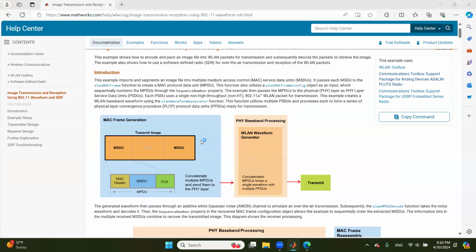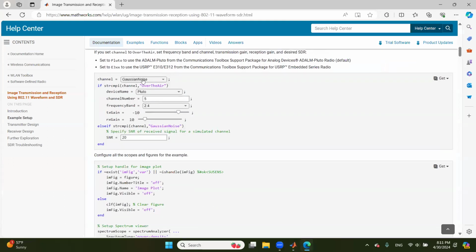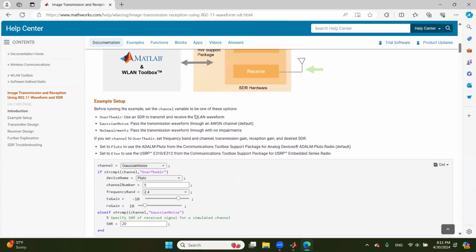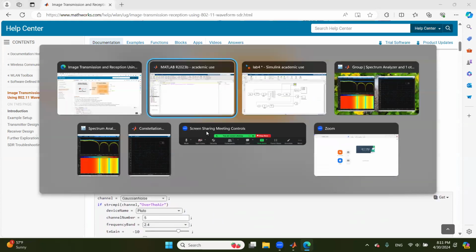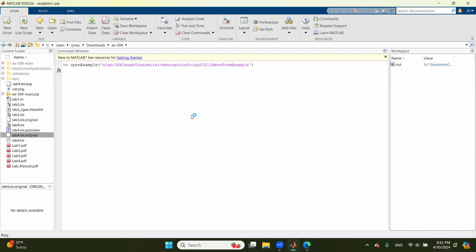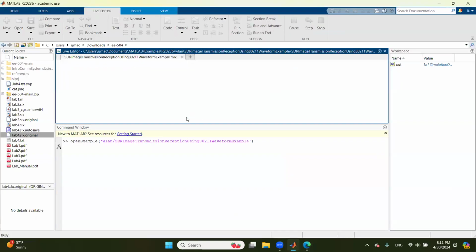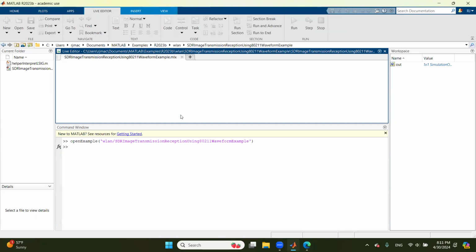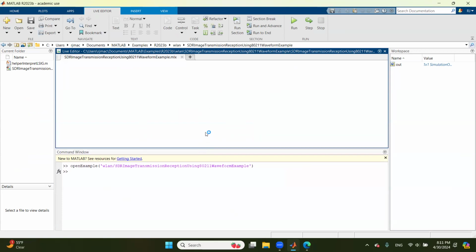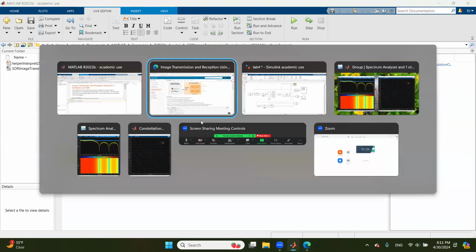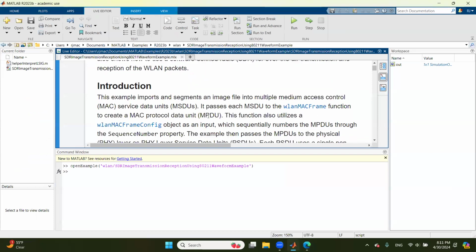So once MATLAB opens up, you want to change this from a Gaussian noise channel to over the air, and make sure that your Pluto's hooked up so that you can actually observe the transmission from your Pluto and reception from your Pluto. I just thought that was a fun little thing to try out.